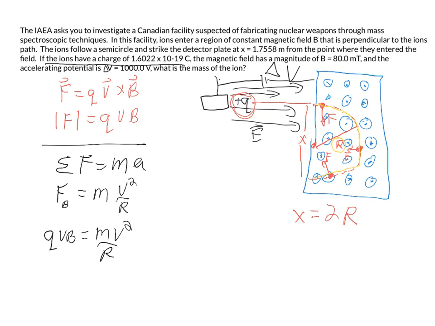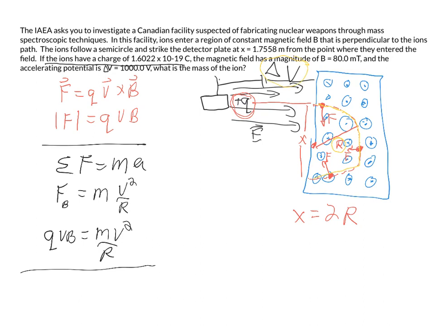For part B, you're asked to figure out what its speed is as it enters. What is that V value going to be? For that, you need to think about how it will be accelerated by this change in voltage.